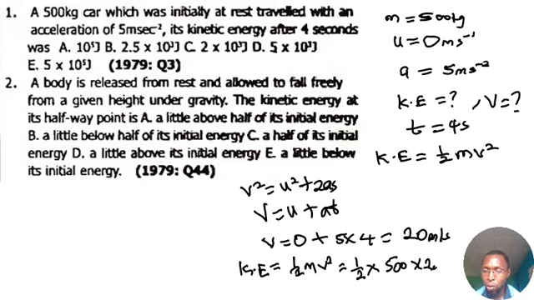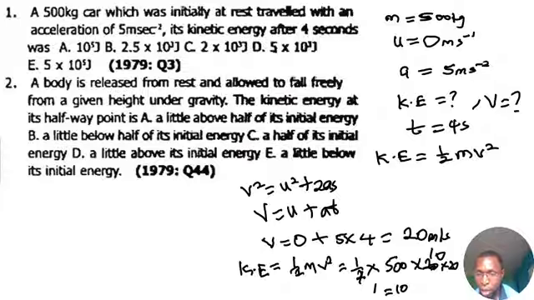So 20 squared means 20 times 20. From here we can easily cancel: 2 here is 1, 2 in 20 is 10. So we have 10 times 20, which is 200. So 200 times 500, let's do that together. 500 times 10 is 5,000.